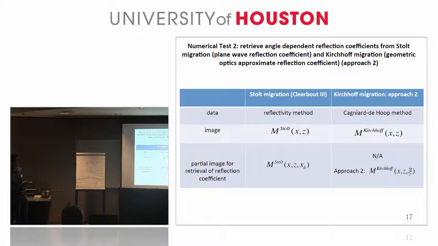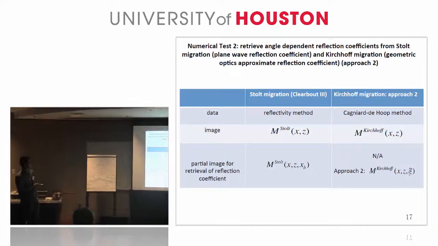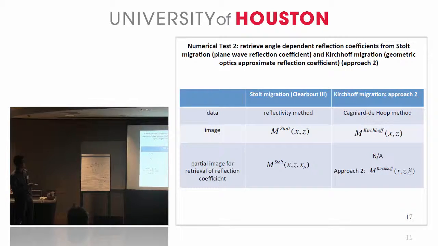It's the same as the first numerical test. The only difference is that instead of interpreting the Kirchhoff migration as a subsurface experiment, we use a geometric optic approximation to make the Kirchhoff migration a function of the incident angle. And then we can retrieve the geometric optic approximate reflection coefficient from Kirchhoff migration.